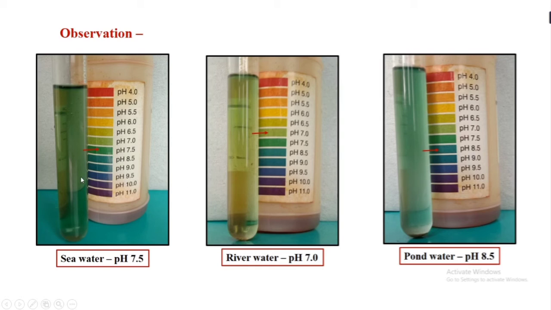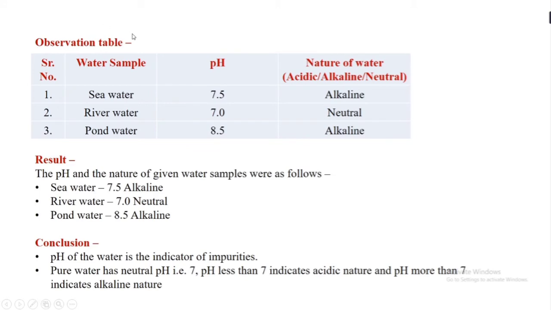On the basis of these three observations, you have to make this observation table. So in the observation table, there are the three different water samples, the pH, and depending upon the pH, you have to determine the nature of the water. So if we take the sea water, the pH was 7.5, and so the nature of the sea water is alkaline.